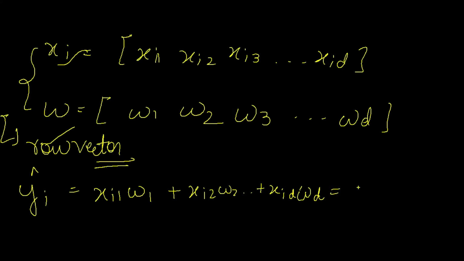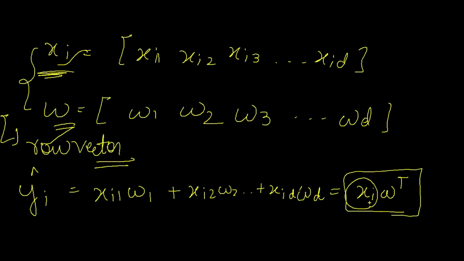We refer to xi as this vector, and for w we take the transpose. You can write it this way. We can write this equation with just two variables in the form of two vectors. We can understand this through simple matrix multiplication.